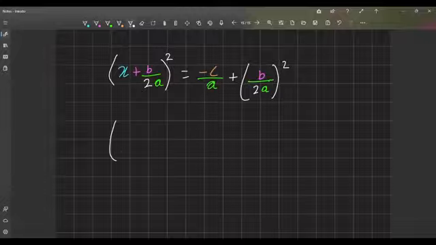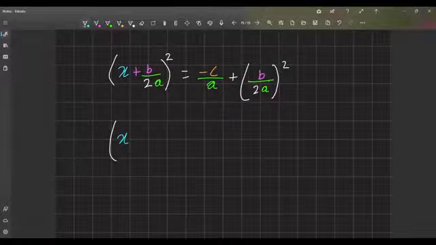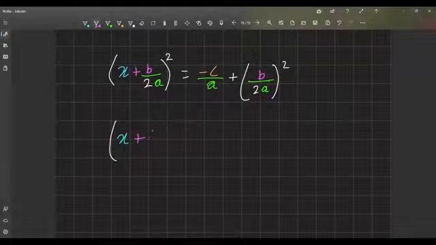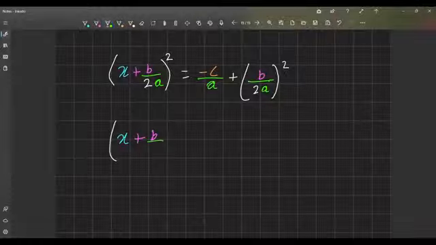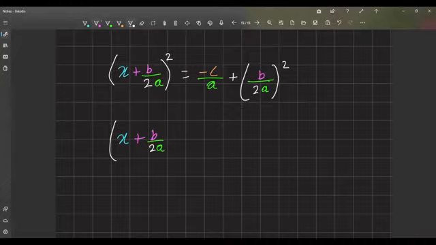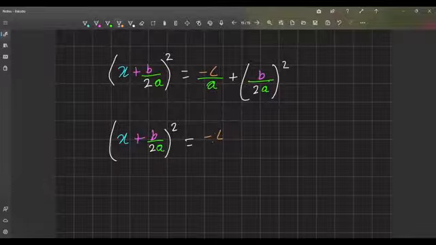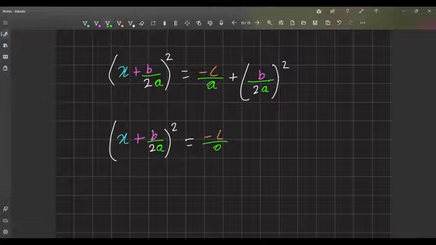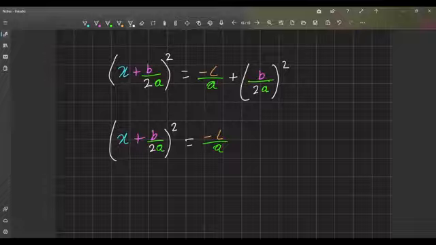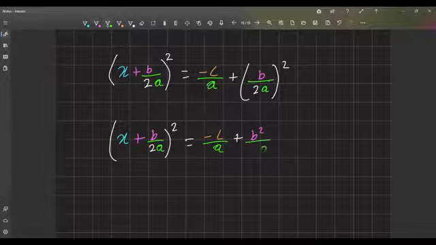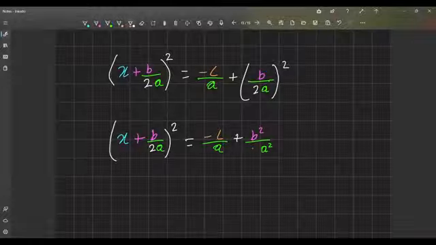So for the left hand side, I have x plus b over 2a, whole square, is equal to negative c over a, plus, now I'll take the square of the inside terms, and the square would give us b square over a square, and this would be with a 4.